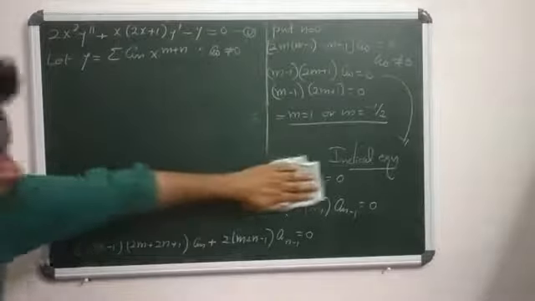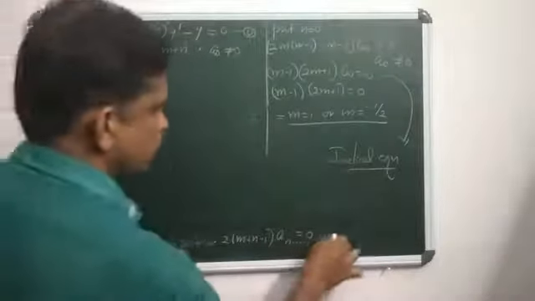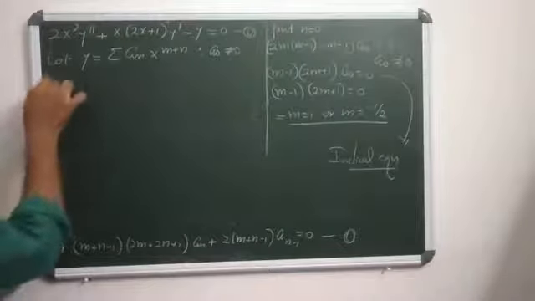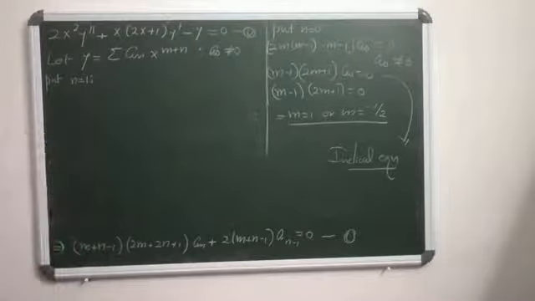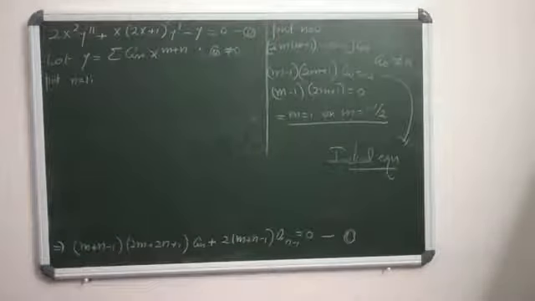In that equation, put n equals 1. If you apply n equals 0, you have the indicial equation, and after solving it you have two values for m: m equals 1 and m equals minus 1 by 2.